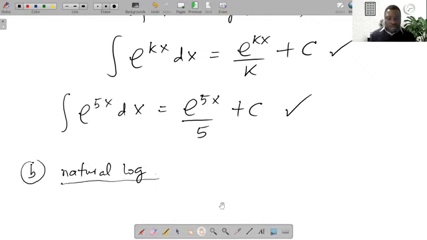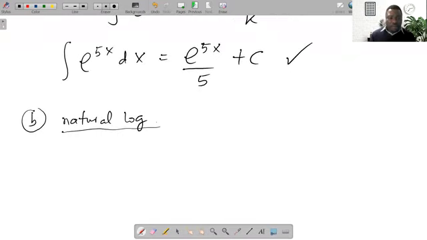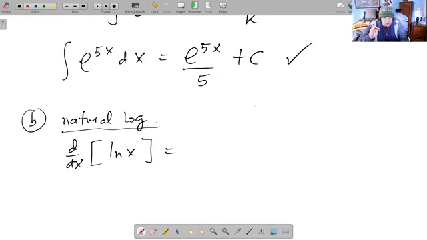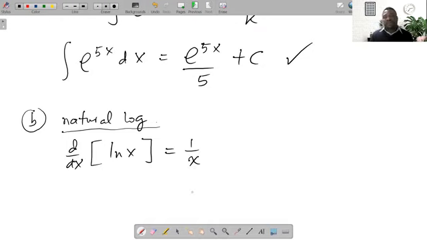So again, I want to take it from the derivative standpoint. d dx of natural log of x, what is that? 1 over x. So look at it carefully, right? When you take the derivative of the natural log of x, it is 1 over x. In other words, the antiderivative of 1 over x will give us the natural log of x.